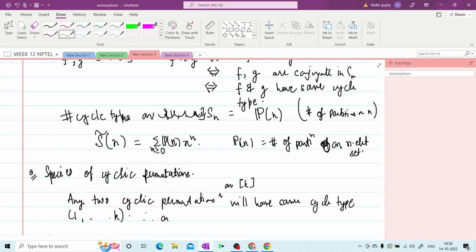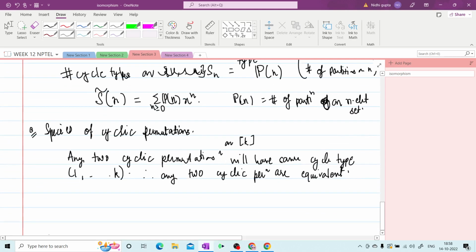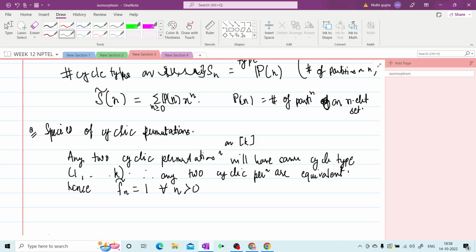Therefore, any two cyclic permutations are equivalent. Hence here Fn tilde is 1 for all n greater than 0.